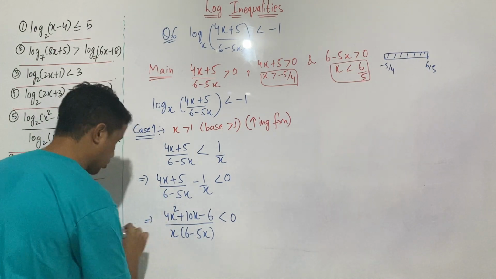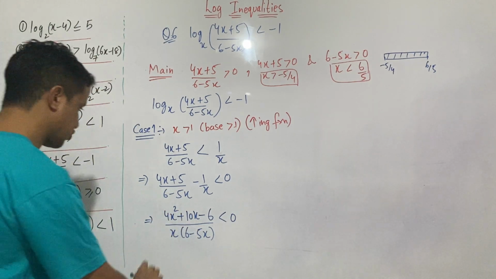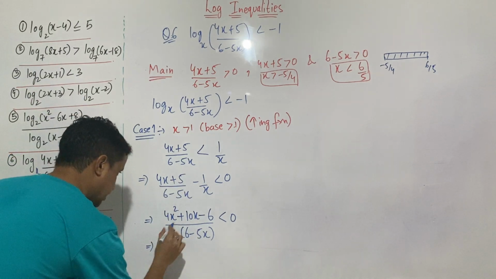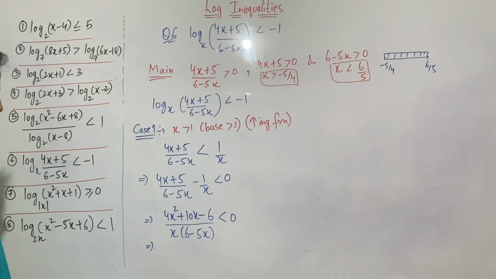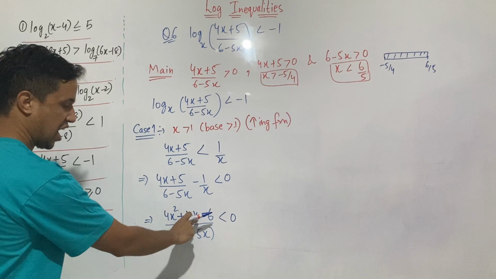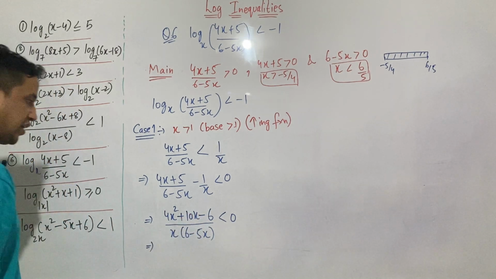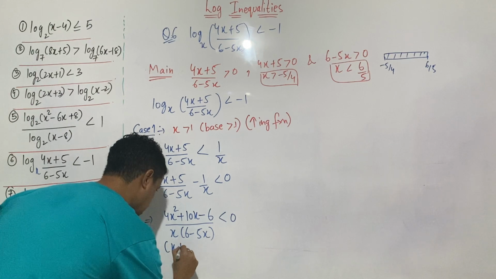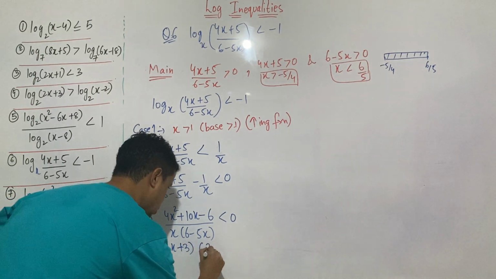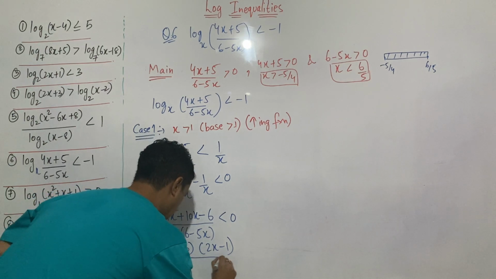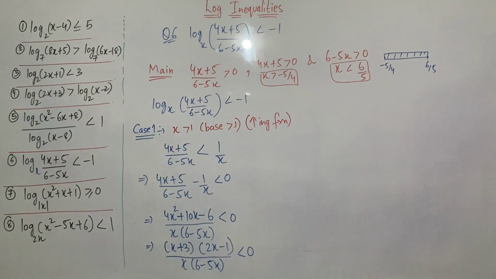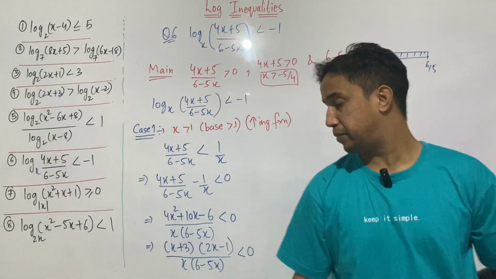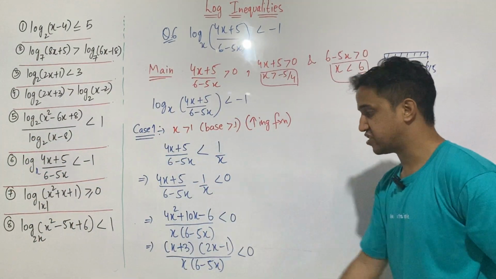If you take the factors, you can split the middle term, plus 12x minus 2x. So it's going to be (x+3)(2x-1) over x(6-5x) less than 0. I hope you can see it. You can check it, you can factorize, you can split the middle term, and you are going to get these as your factors.